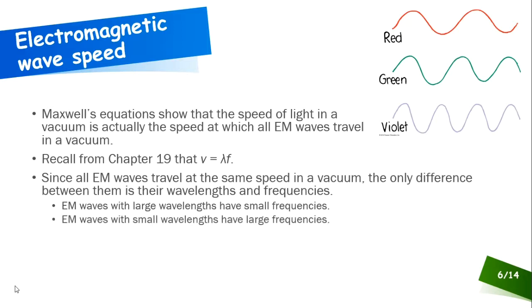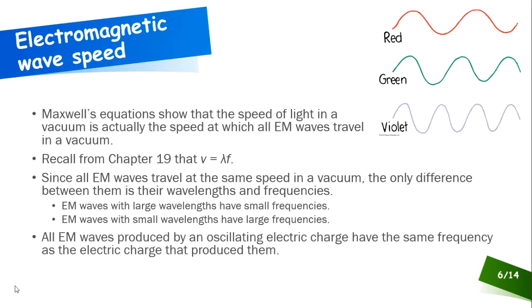And if the EM wave has a small wavelength, it's going to have a large frequency. That's the only way you can multiply two numbers together to get the same number. If one of them gets bigger, the other one has to get smaller. If one gets smaller, the other has to get bigger in order to come out with the same number when you multiply them together.